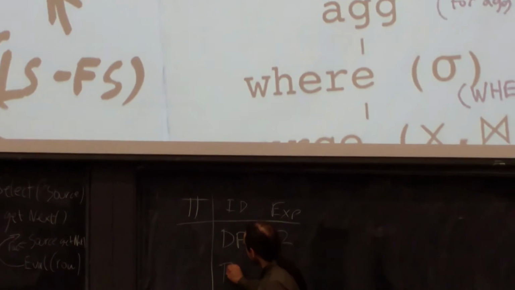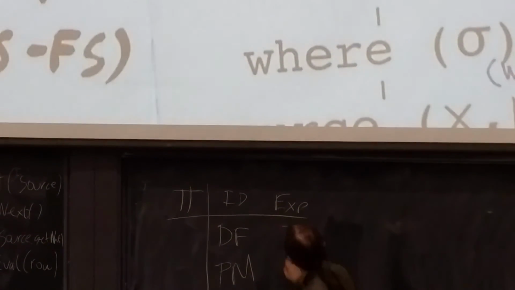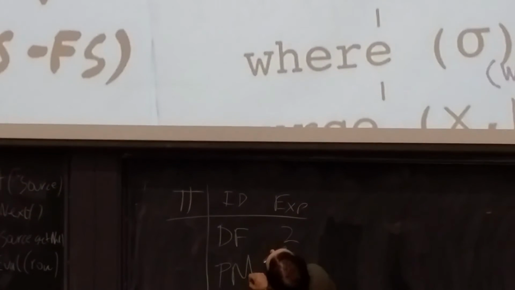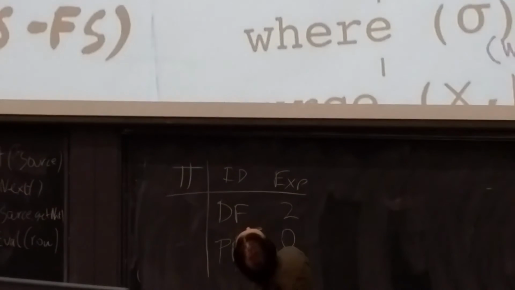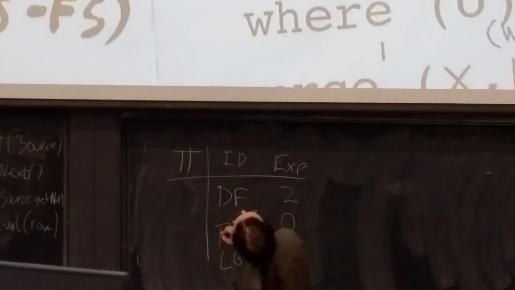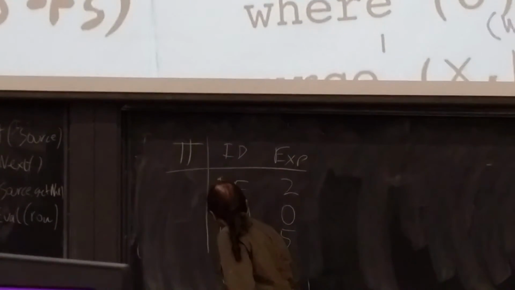All right, Phil Martin, 0. And then so let's actually finish this off. LG is 5. AB is 9.